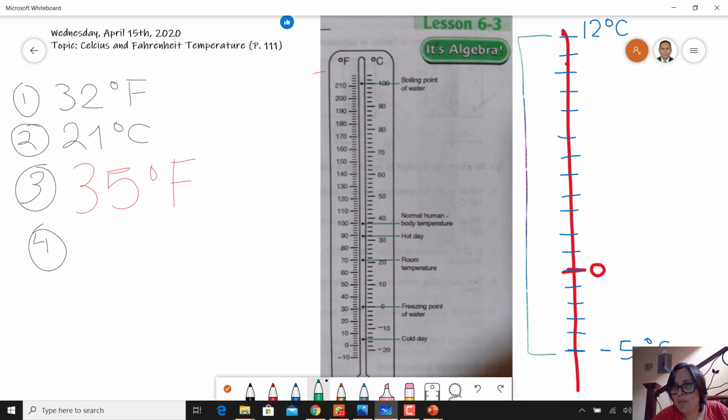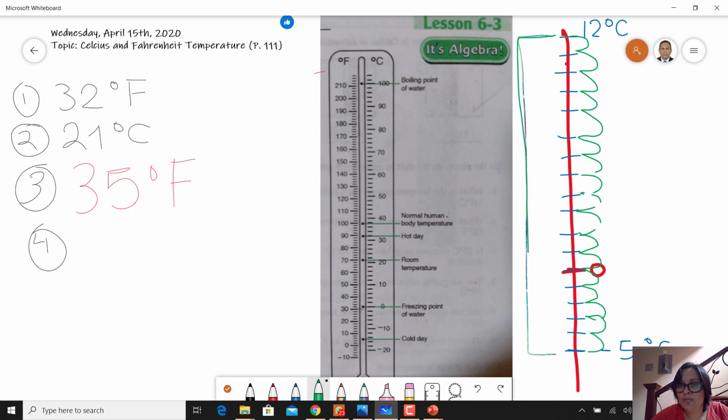How many do we have? 1, 2, 3, 4, 5, 6, 7, 8, 9, 10, 11, 12, 13, 14, 15, 16, 17. So from 12 to minus 5 we have 17 degrees.